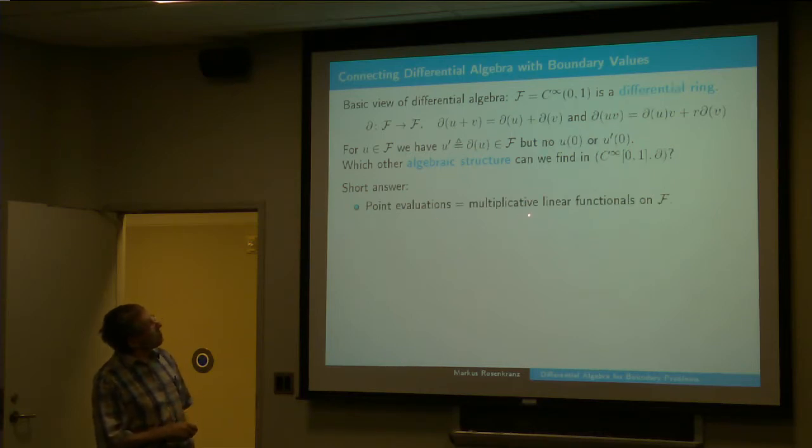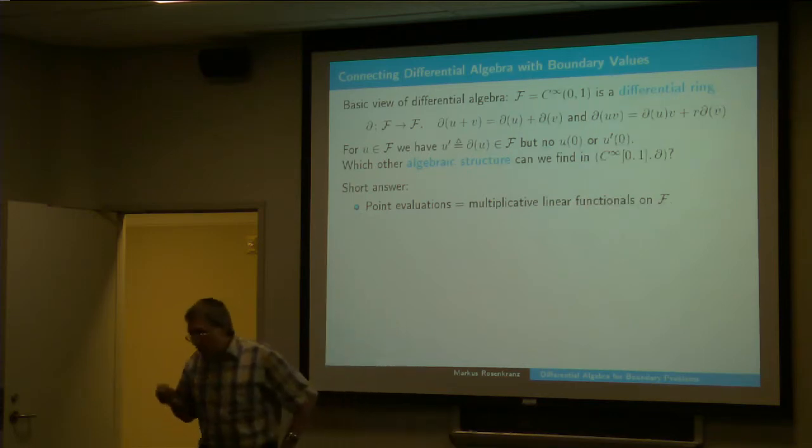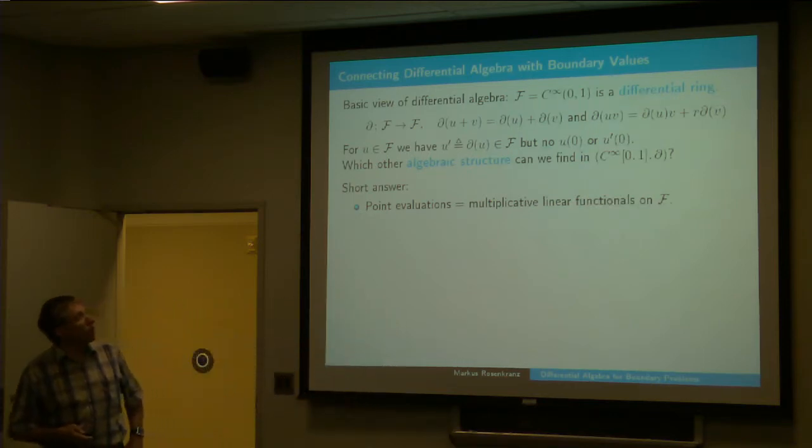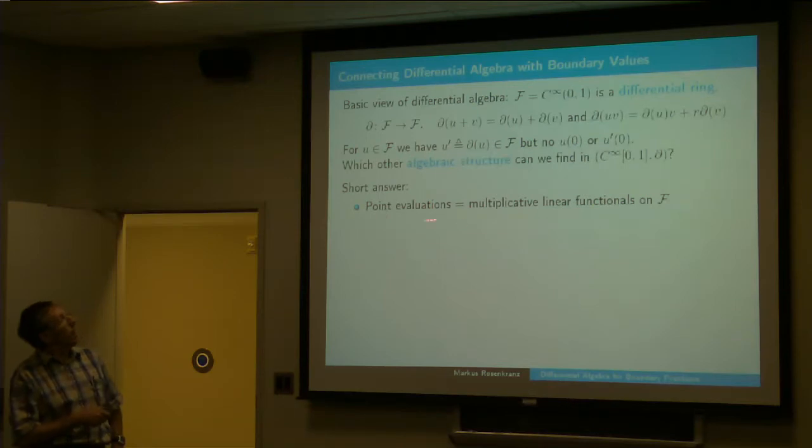And the answer is point evaluations like u of 0, u prime of 0 here. The point evaluations algebraically are, and we had this already in the morning, they can be seen as multiplicative linear functionals. So in other words, characters. Algebra homomorphisms from F to the ground field K. So that's how we can encapsulate these evaluations.